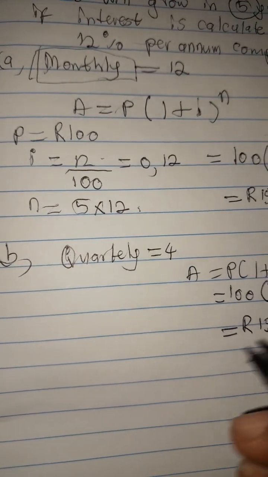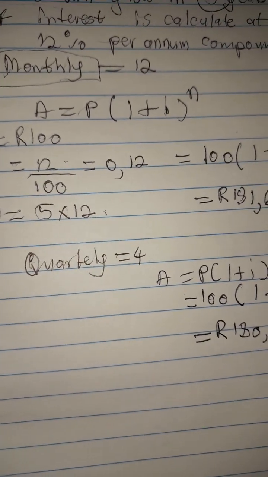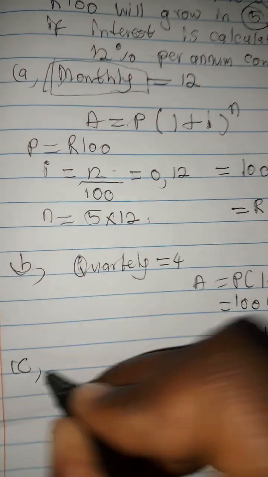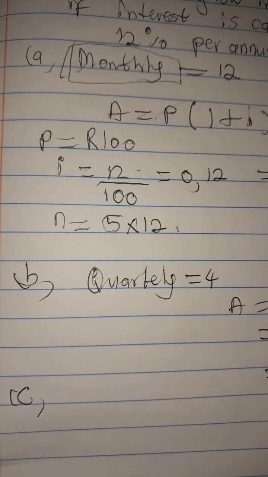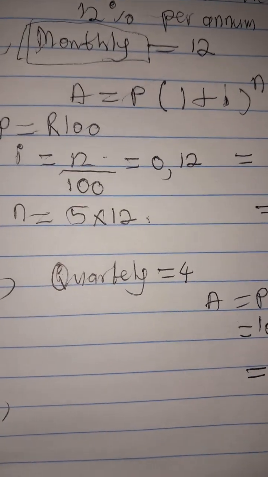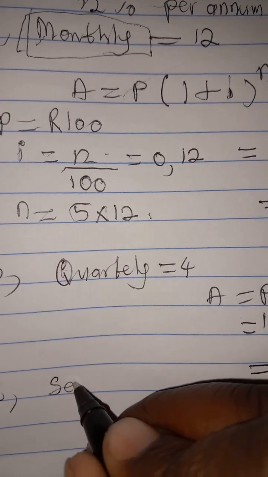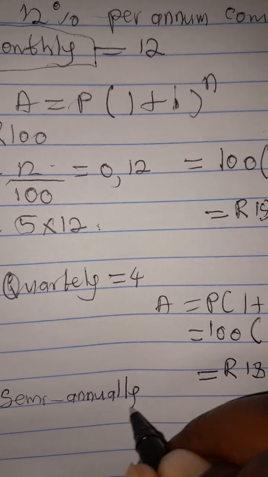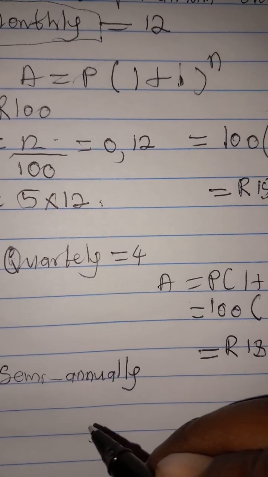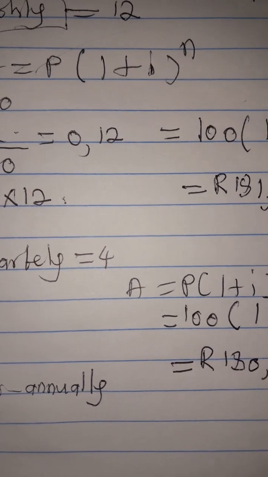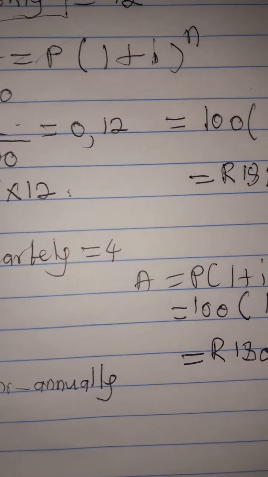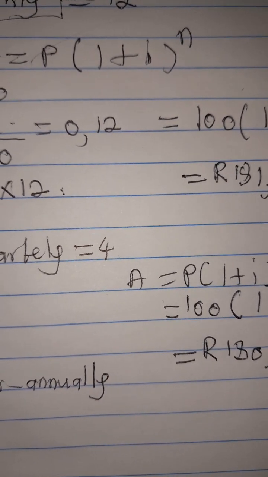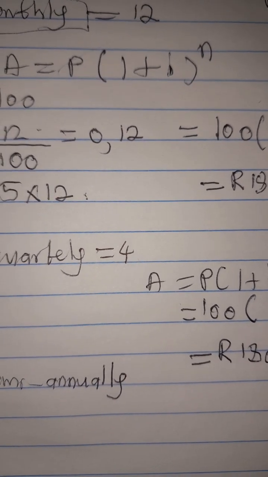So that's how you can work with this when it has to do with different compounding periods. Let's look at the last one. Let's say it's semi-annually. Remember, when something is semi, it's going to be 2. As an interest is compounded semi-annually, you divide the given interest by 2, meaning the number of periods must be in half years.